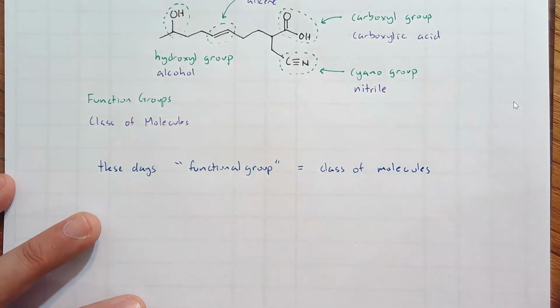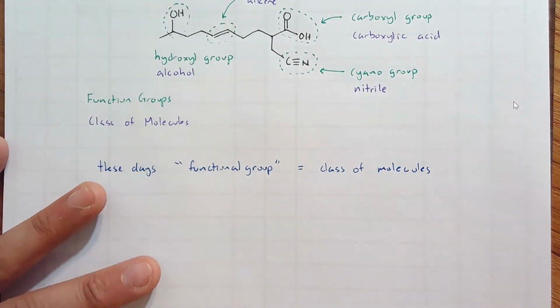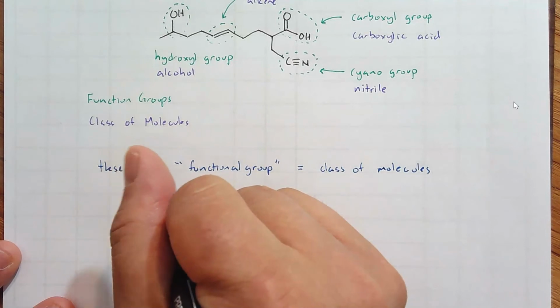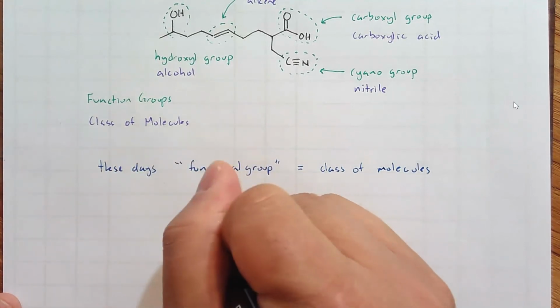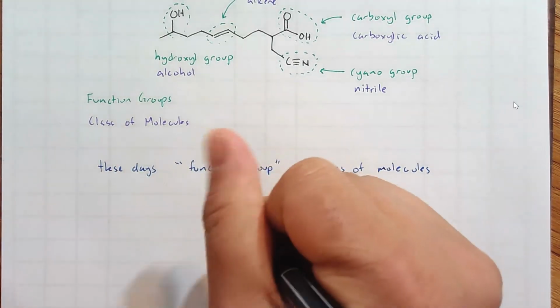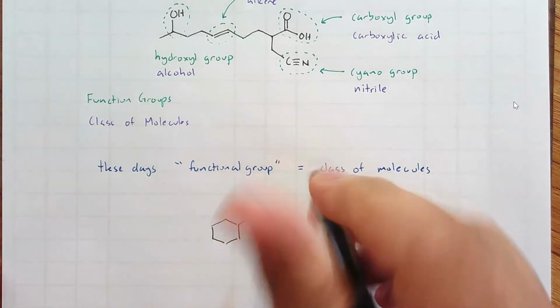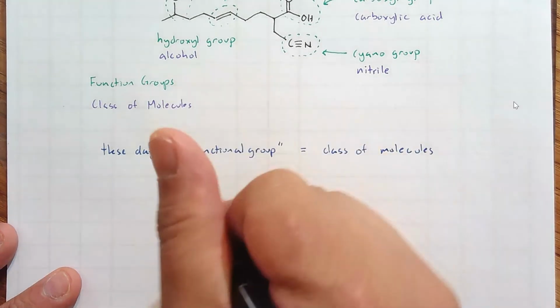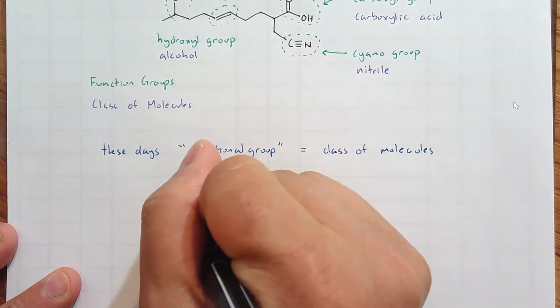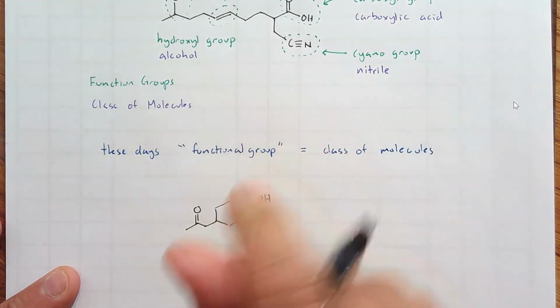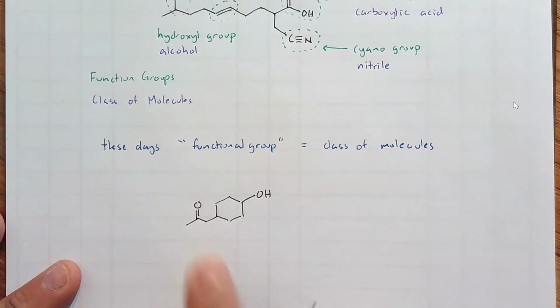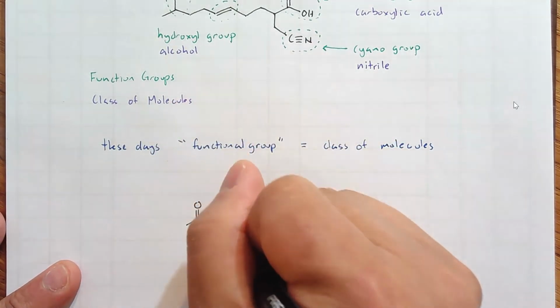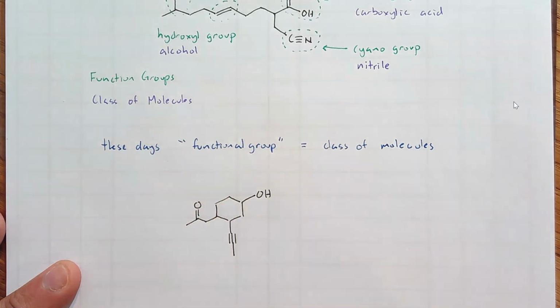So let me give you the actual acceptable answer these days. I'll give you another molecule. And here's your OH group. I call it hydroxyl. But let me give you another couple. Maybe this one is something we haven't seen yet in this video. And here we have, let's put a triple bond.